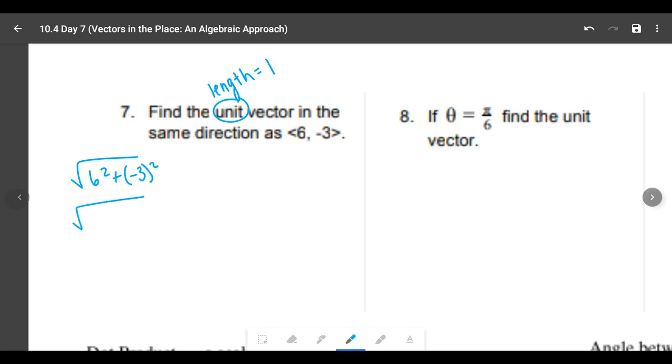And so that is going to simplify to the square root of 36 plus 9, which will be the square root of 45, which simplifies to 3 root 5. And so the unit vector, I'm going to take the length of the original vector and I'm going to divide 1 by it. And I'm going to use that as a scalar multiplication into the vector.